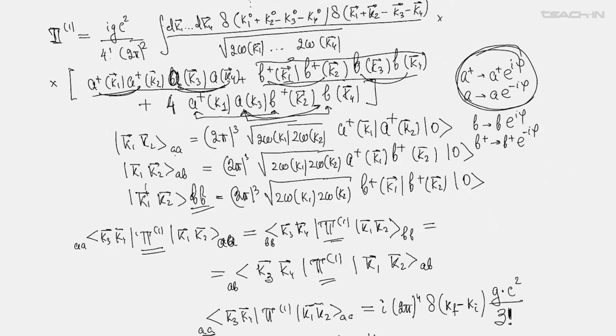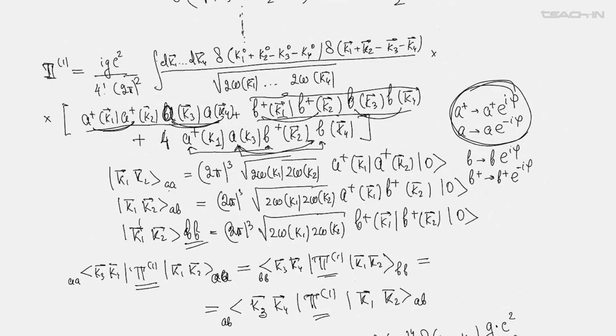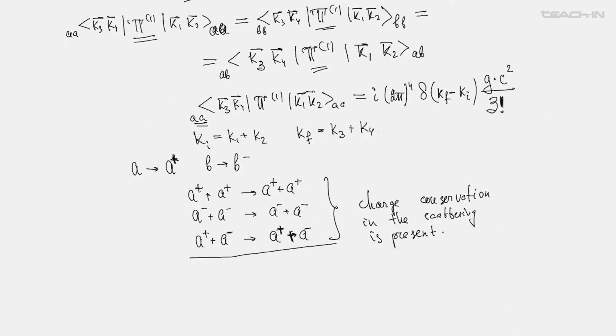And this result, that you get only these three channels for T1, which in fact describes the process of scattering two to two, is compatible with the charge conservation, which of course should be the case, because the interaction term is invariant with respect to these complex rotations.